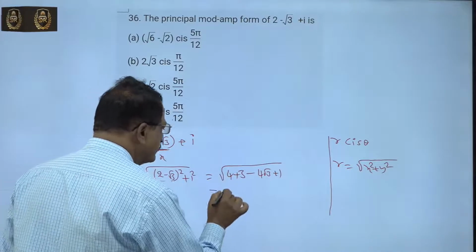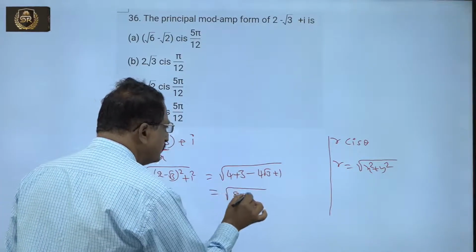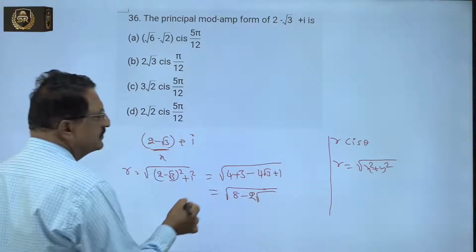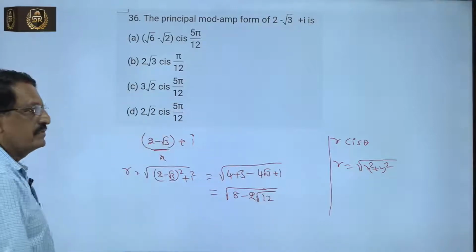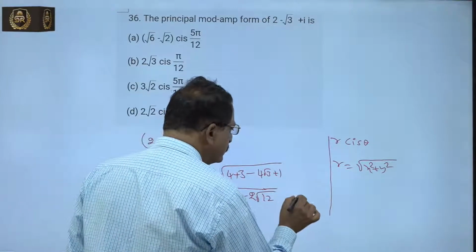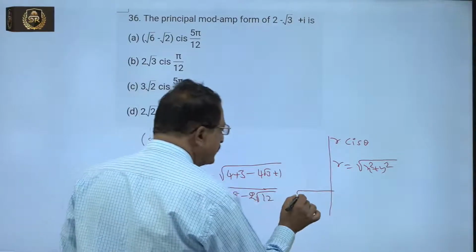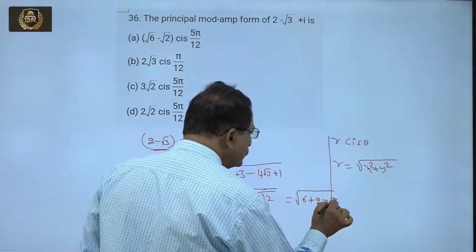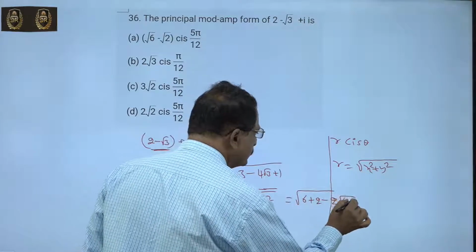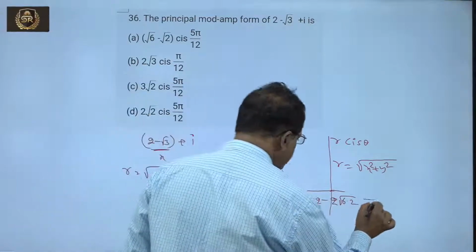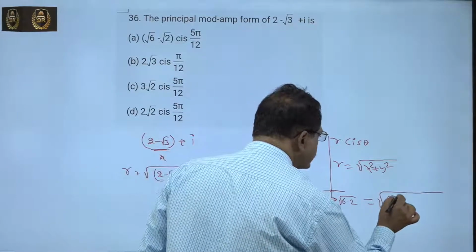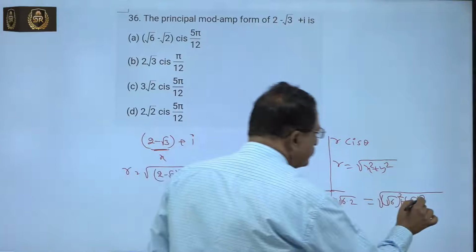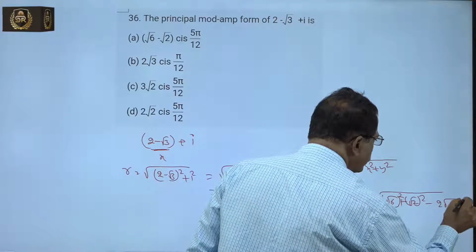That equals square root of 8 minus 4 root 3. 4 root 3 can be written as 2 into 2 root 3, so this equals square root of 8 minus 2 into root 12. 8 can be written as 6 plus 2, and minus 2 into root 6 into root 2.